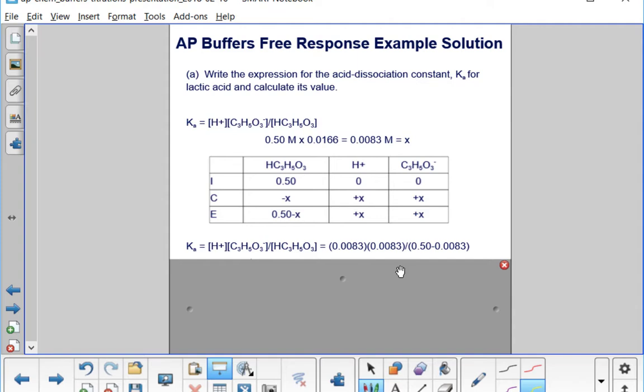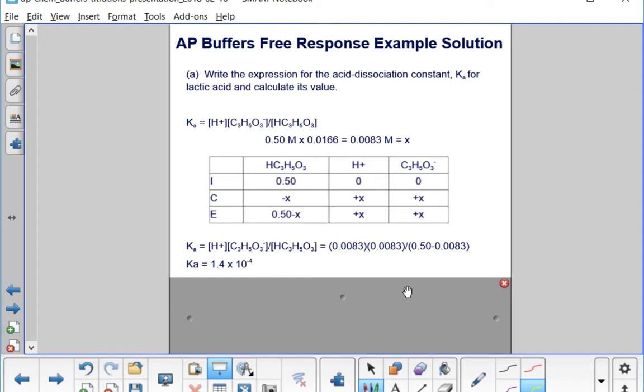And of course, ordinarily, when we don't know what X is, we assume that that X is very small here. Remember, that's when the percent dissociation is less than 5%. But since we know the amount here, we may as well use it. When we do that, we get a Ka of 1.4 times 10 to the minus fourth. Okay, so that's Ka for lactic acid.